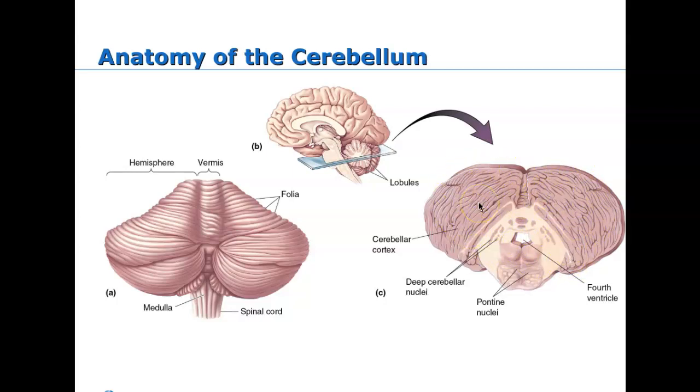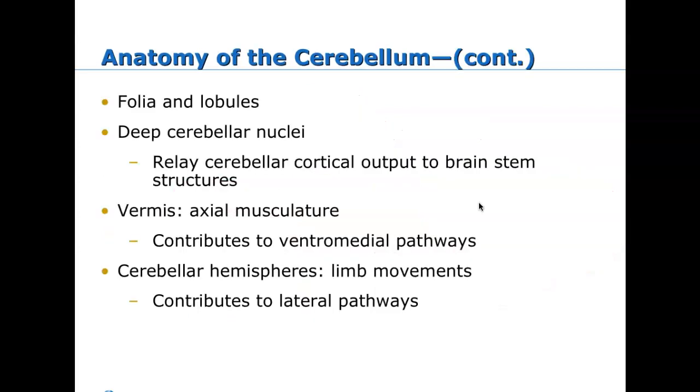Now the function of each part of this is the vermis. So that's the central axial part, the central part of the cerebellum. This part controls the axial musculature. So that's going to be muscles that control our posture and abilities to stand up and to keep balance.